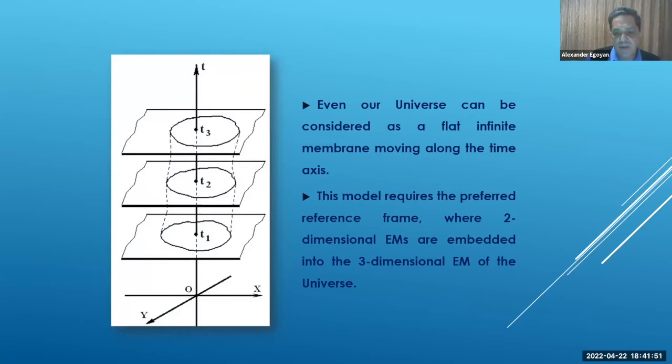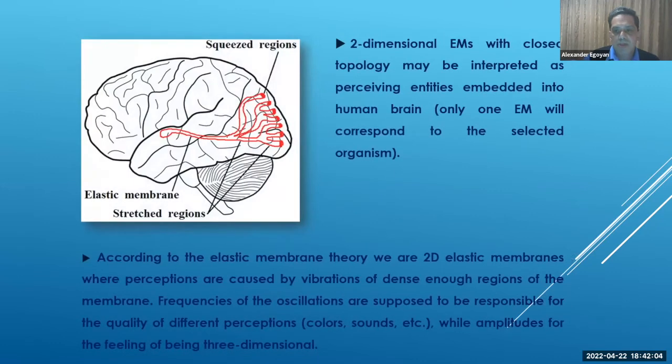This model requires the preferred reference frame where two-dimensional elastic membranes are embedded into the three-dimensional elastic membrane of the universe. Two-dimensional elastic membranes with closed topology may be interpreted as perceiving entities embedded into human brain. Only one elastic membrane will correspond to the selected organism.